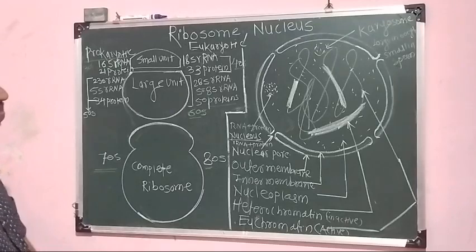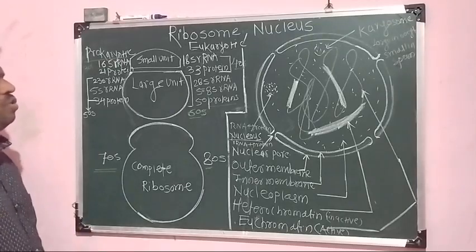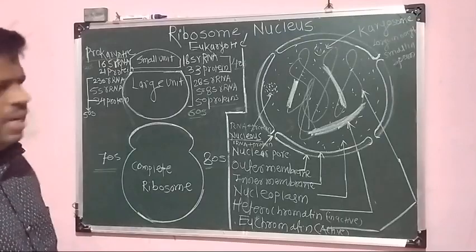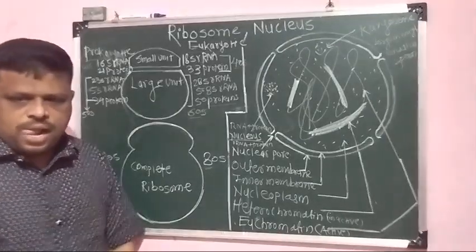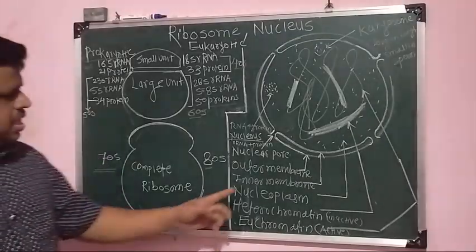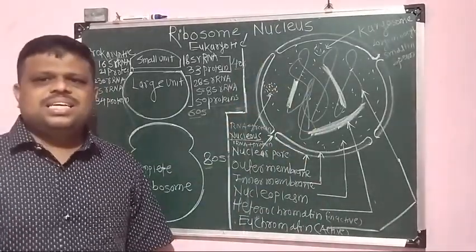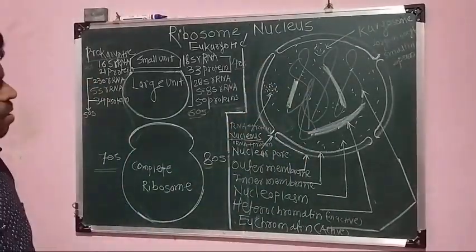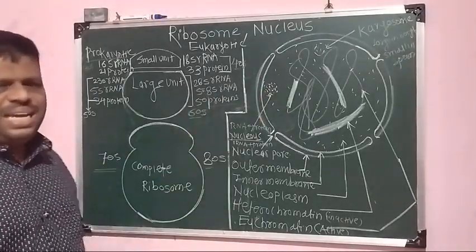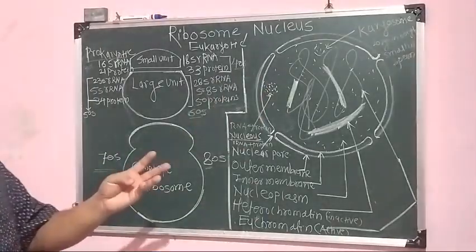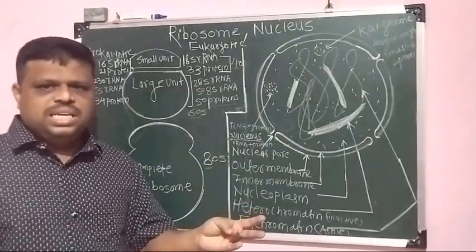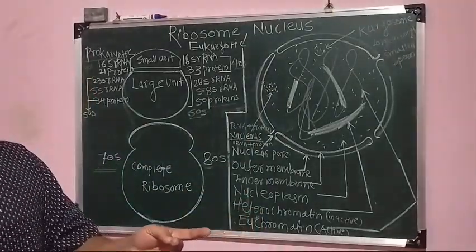Now let us move towards the next and most important cell organelle, that is the nucleus. As I said earlier, the nucleus is called the master cell organelle because it is mainly involved in the synthesis of DNA, in the synthesis of protein, and in the synthesis of ribosomes.